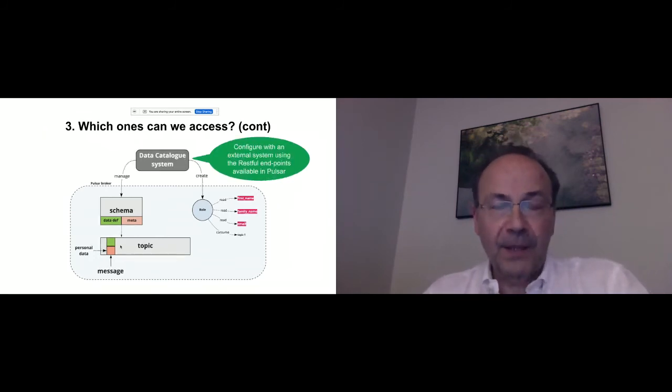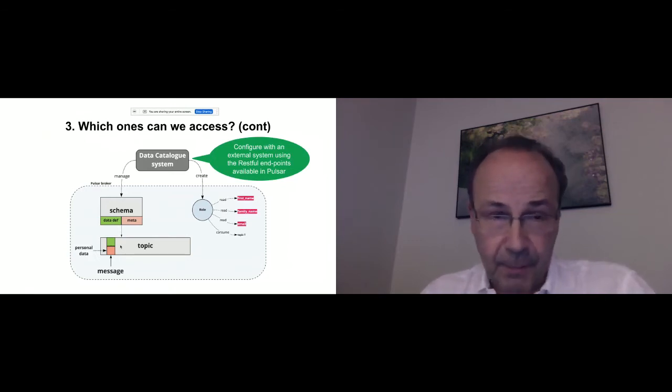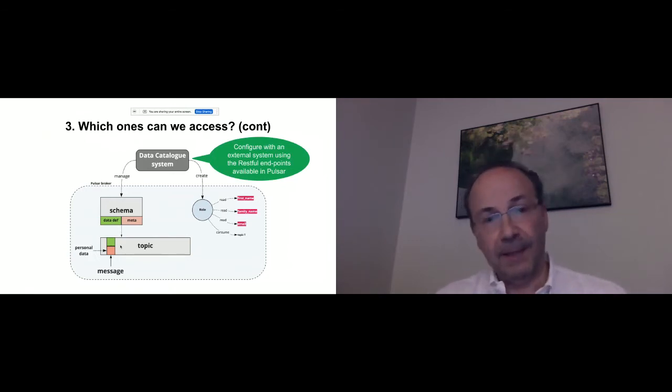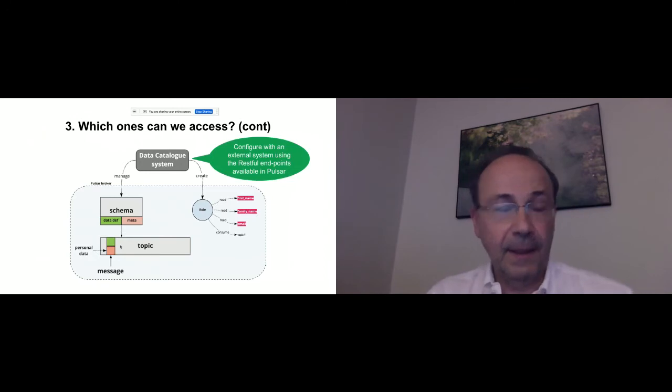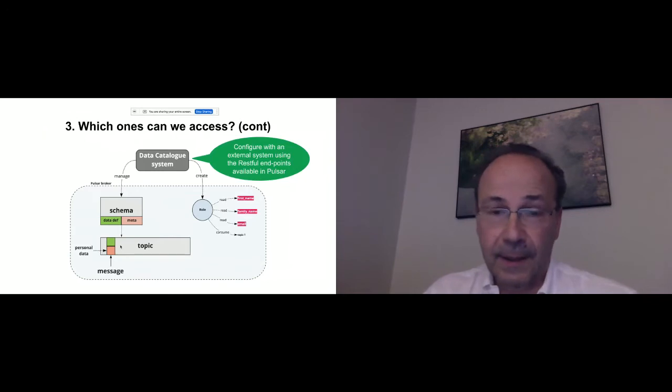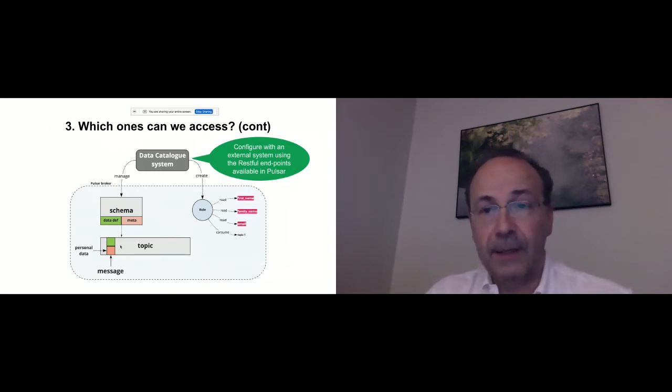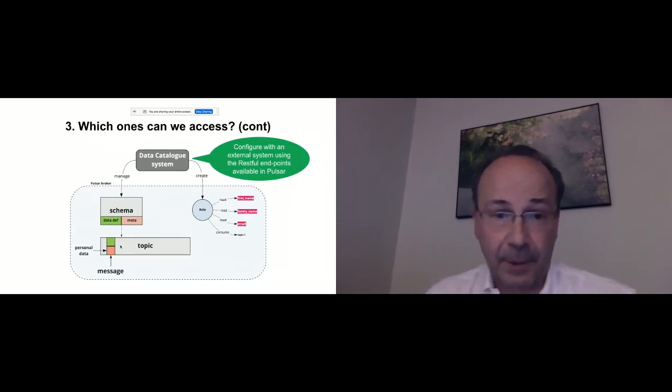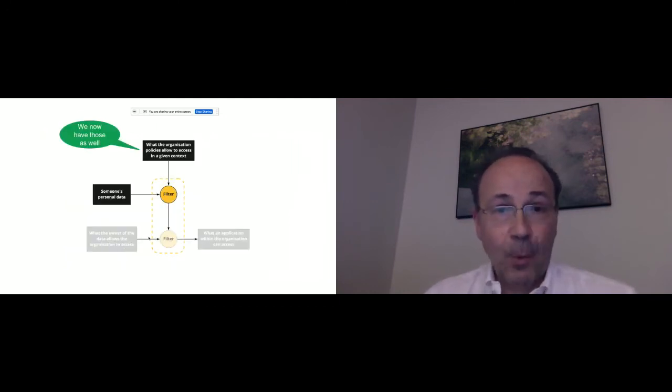We can imagine another system like, for example, a data catalog system, creating the schema and using the RESTful endpoints available in Pulsar to put them in the right place. And on the other side, also create the appropriate roles, again using RESTful endpoints that are available in Pulsar. So we got this as well now.